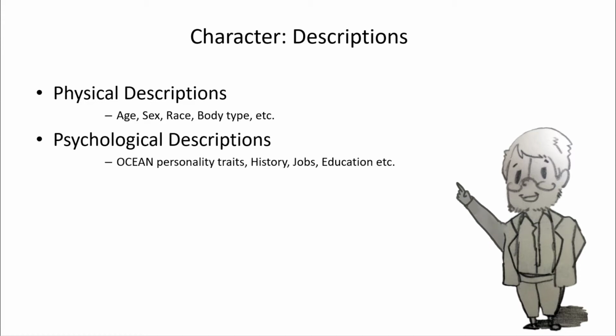What are their jobs that they've had? What are the education that they had? How does this affect how they think and how they behave? And we also have to think about the character's goals and dreams. What is the character reaching for? How is this different from character A to character B?